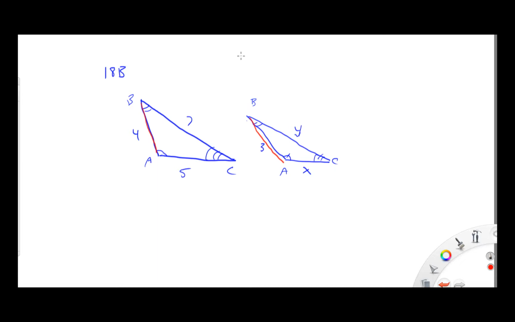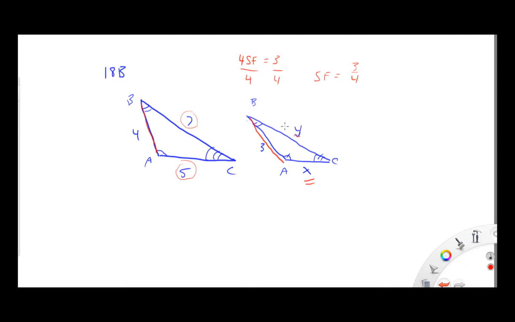So we can say 4 times the scale factor equals 3. To get the scale factor by itself, we divide both sides by 4. So now our scale factor equals 3/4, which means I can multiply this 5 by 3/4 and come out with x. I can multiply this 7 by 3/4 and come out with y.